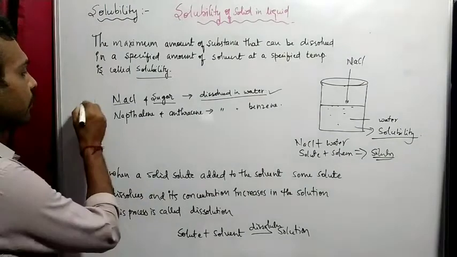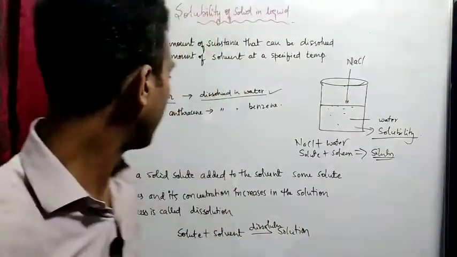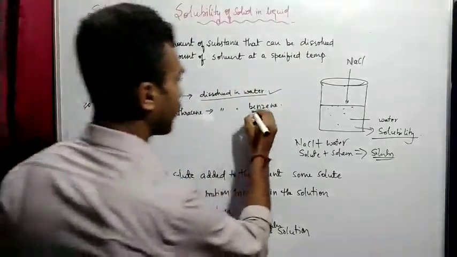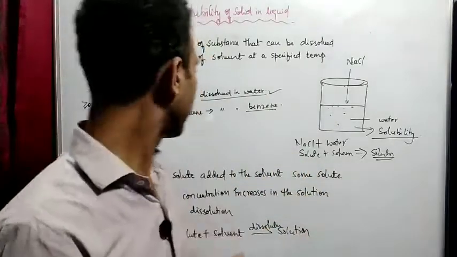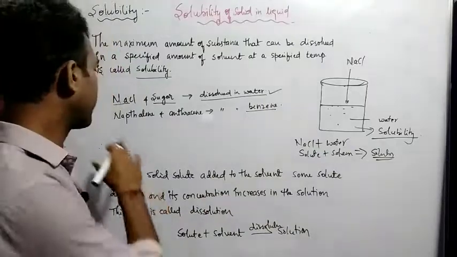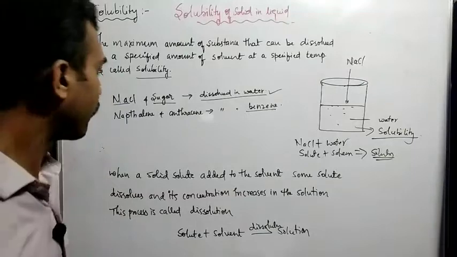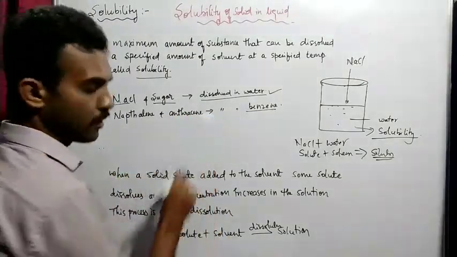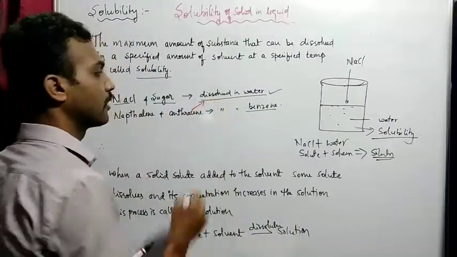As an example, sodium chloride and sugar dissolve in water. Then you can add naphthalene and anthracene to benzene, not water. Two examples I have given here: number one, sodium chloride and sugar dissolve in water, but naphthalene and anthracene dissolve in benzene. Now, can we dissolve naphthalene and anthracene in water? Is it dissolved?